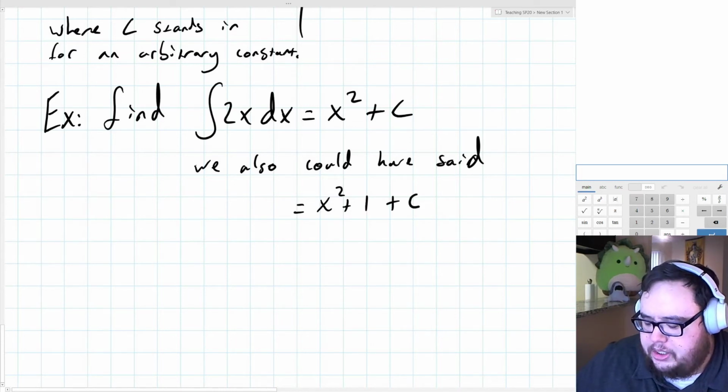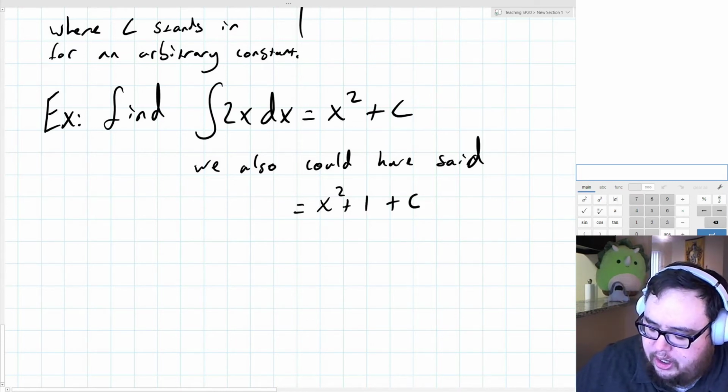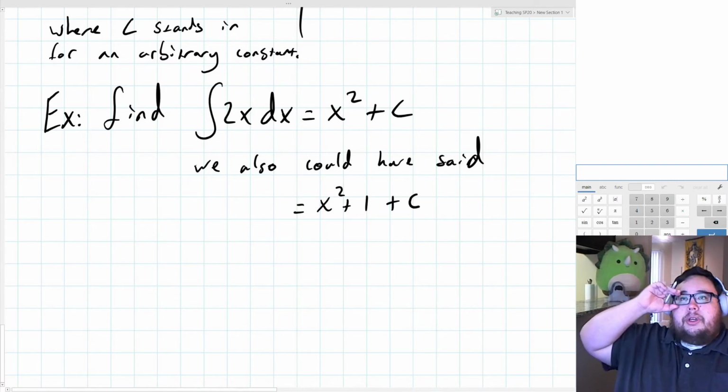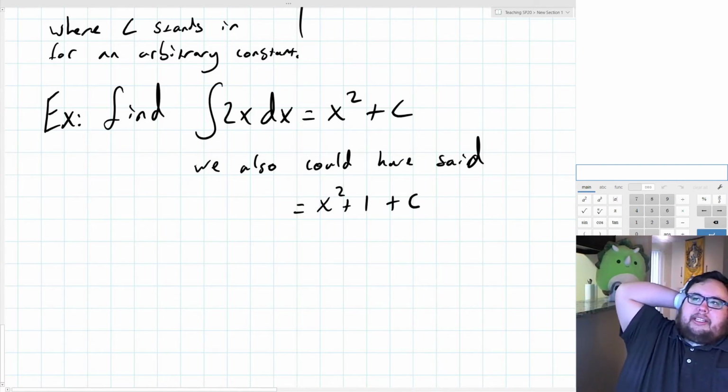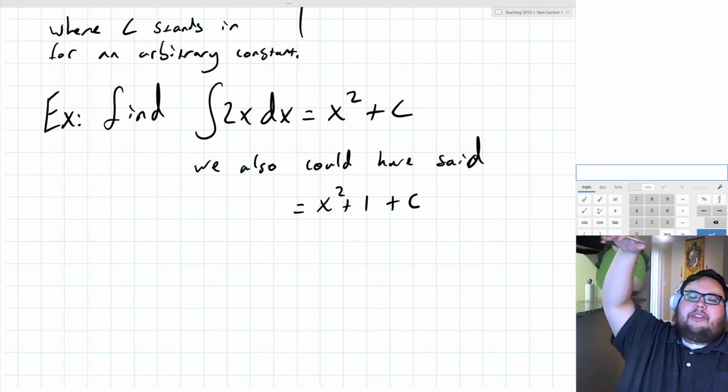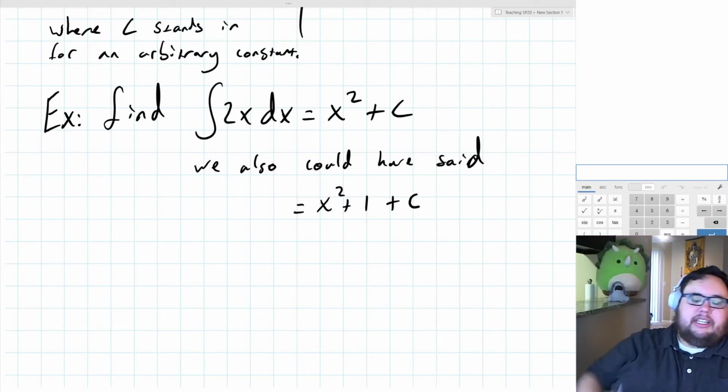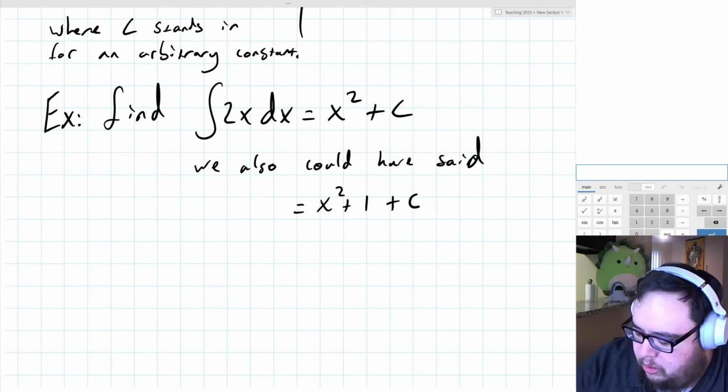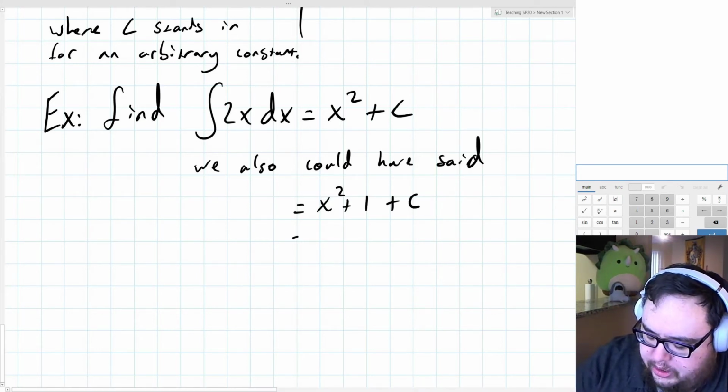But there's no reason to really bother with this. C, the constant that you get when you're doing integrals, tends to eat up all the other constants, or rather you want it to eat up all the other constants. If c is constant, then 1 plus c is also constant. So we usually just write that still as x squared plus c.